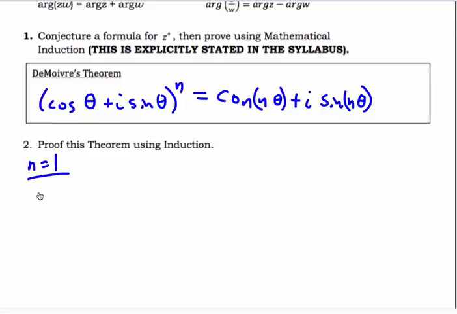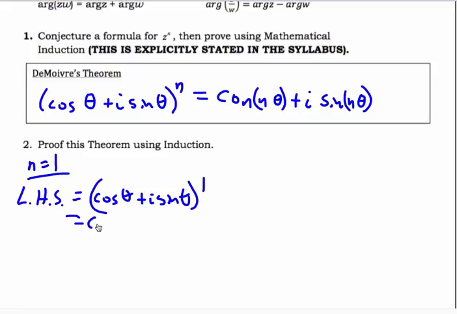If we have n equals 1, let's look at the left-hand side first. It equals (cos θ + i sin θ) to the power of 1, which equals cos θ + i sin θ.